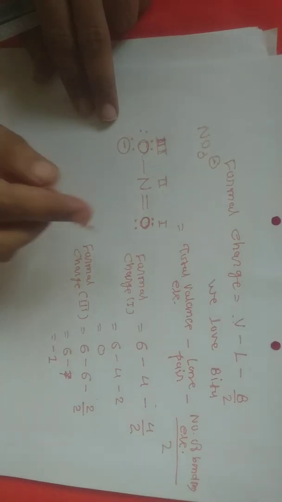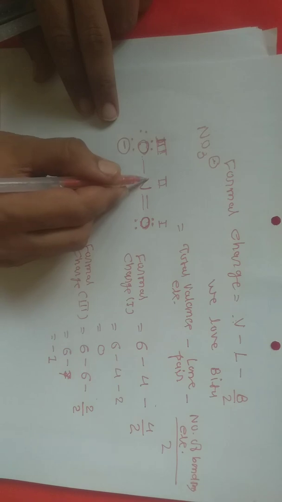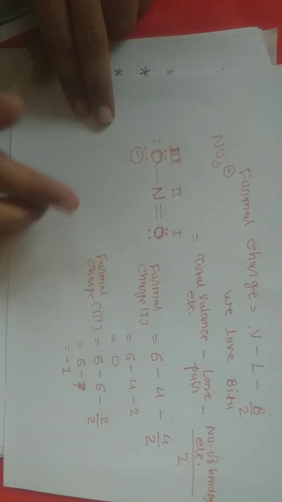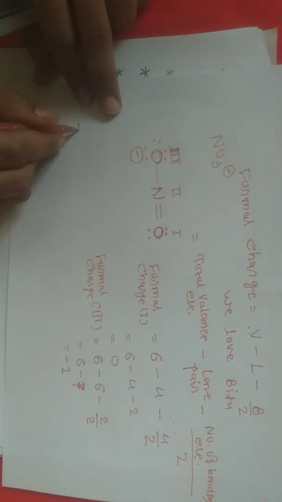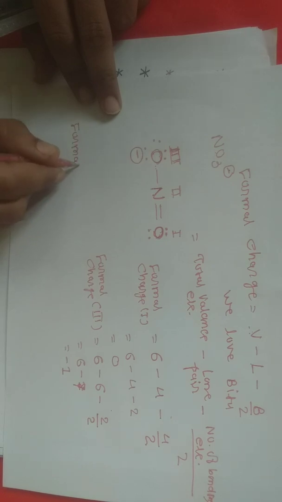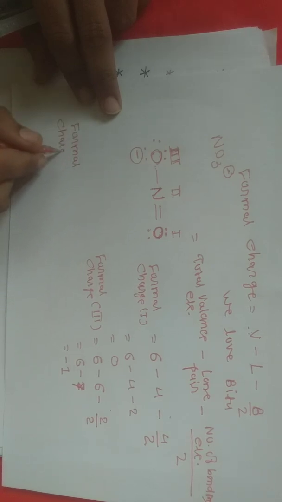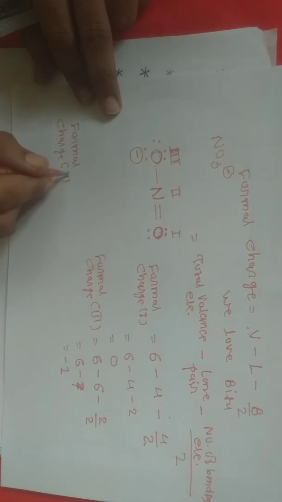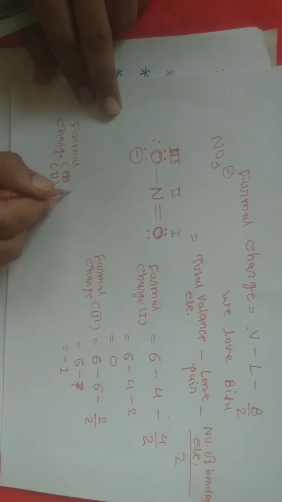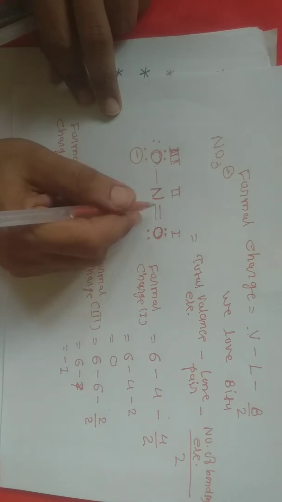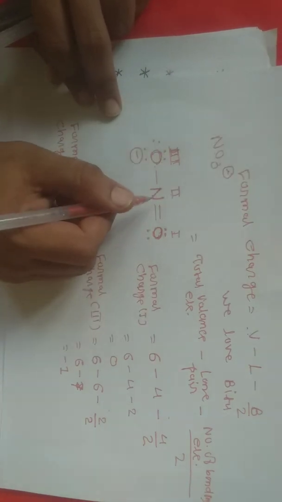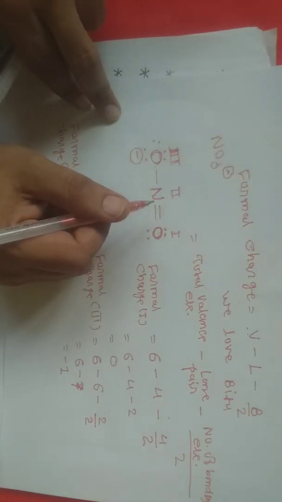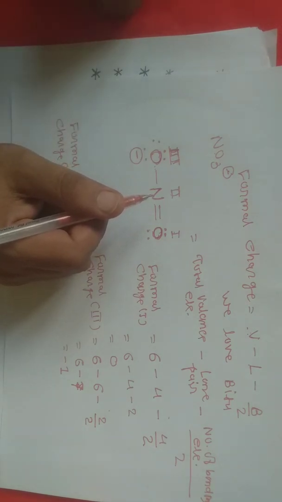Right? If we want to calculate the formal charge of this nitrogen, then again, formal charge of the second atom. How many valence electrons are there? Nitrogen belongs to which group?